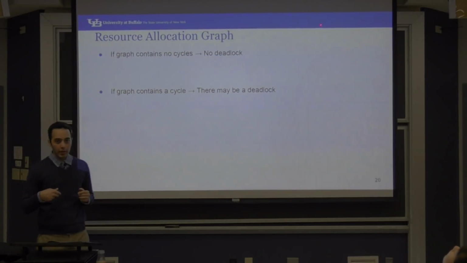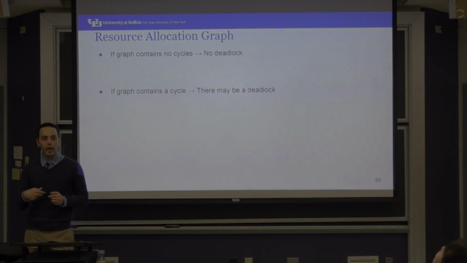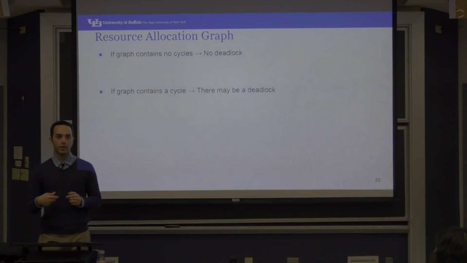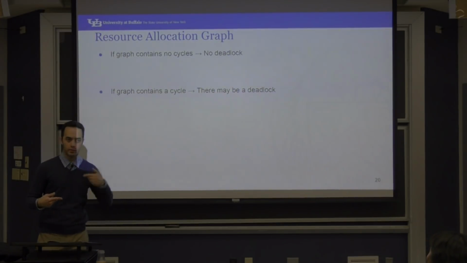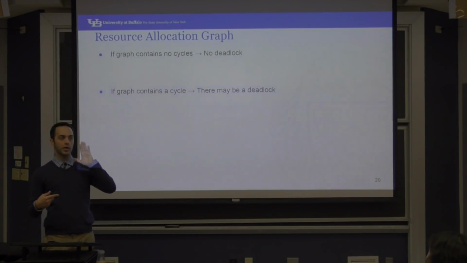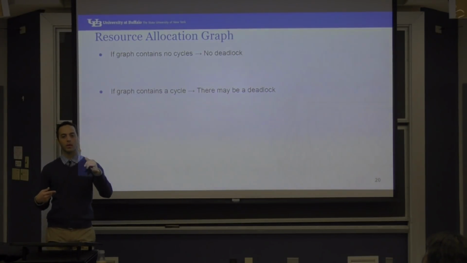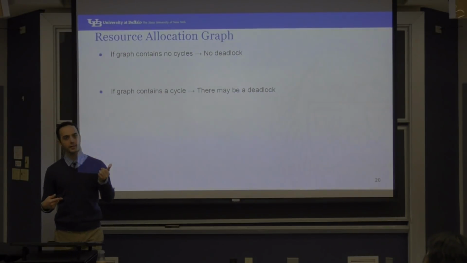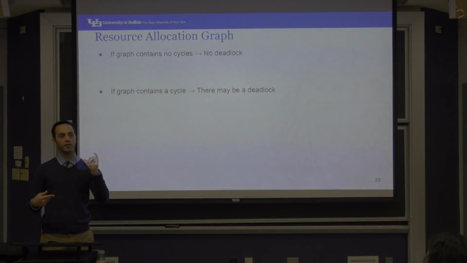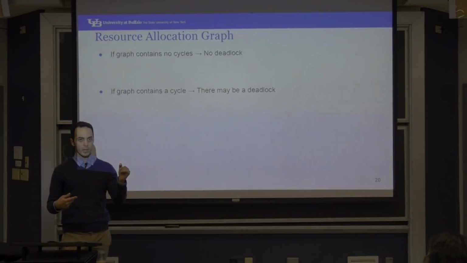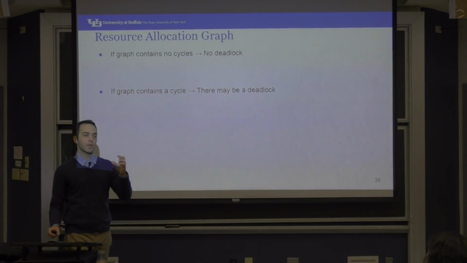So when you draw a resource allocation graph, if there is no cycle, there is no deadlock. That cycle basically shows that circular wait, right? Because each direction from a process to a resource shows a request. And then basically, if you're requesting a resource, we said that deadlock can happen if that resource has been allocated to another process.